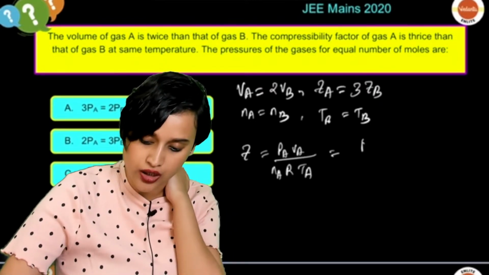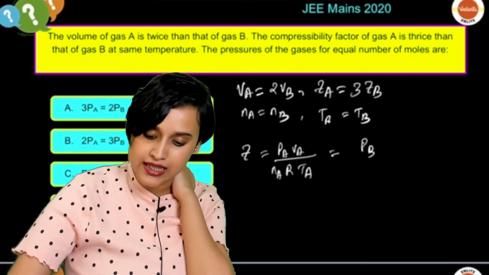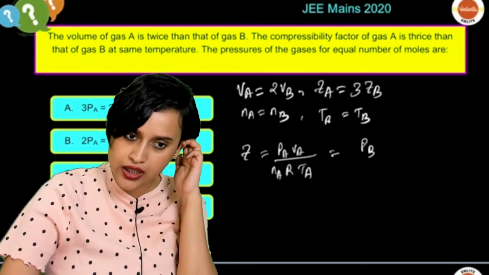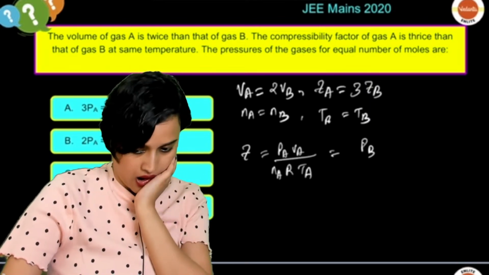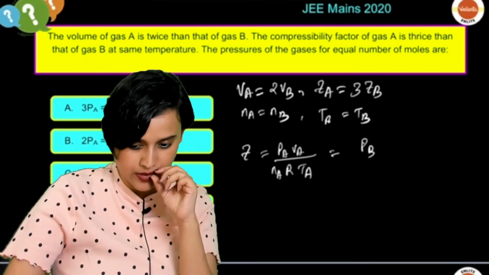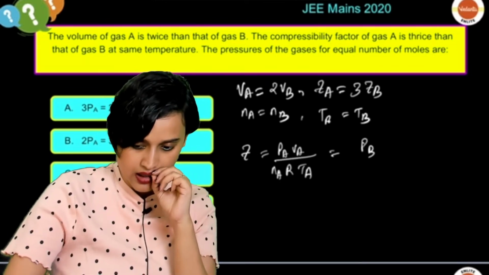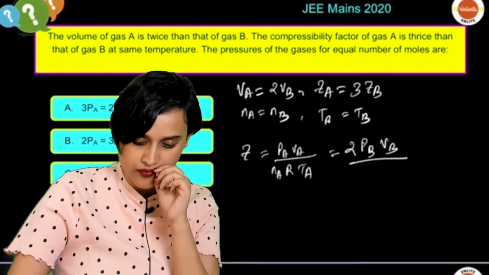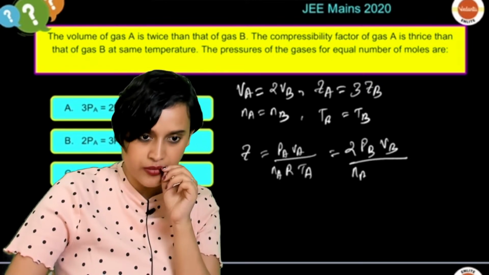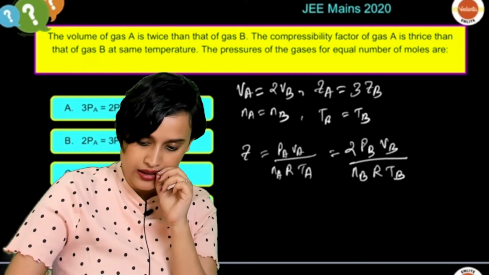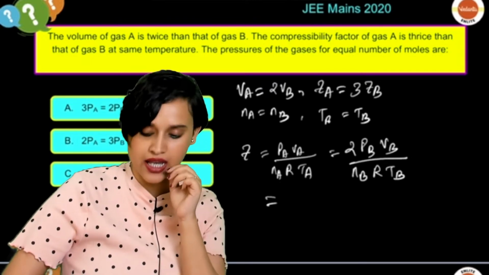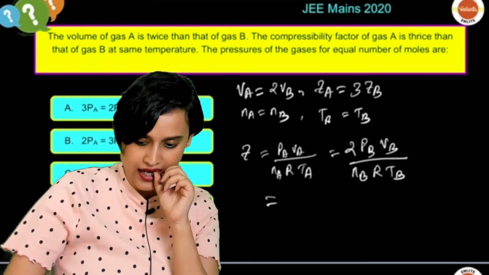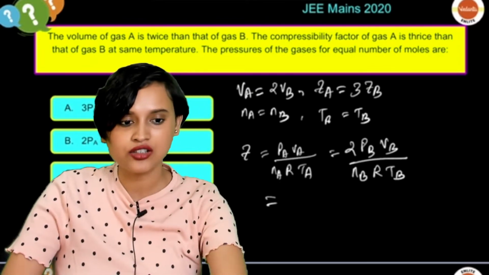Pressure is PB, but volume is 2VB, and then nB and RTB. So if I cancel, R and R will get cancelled. Now calculate this and tell me, guys.